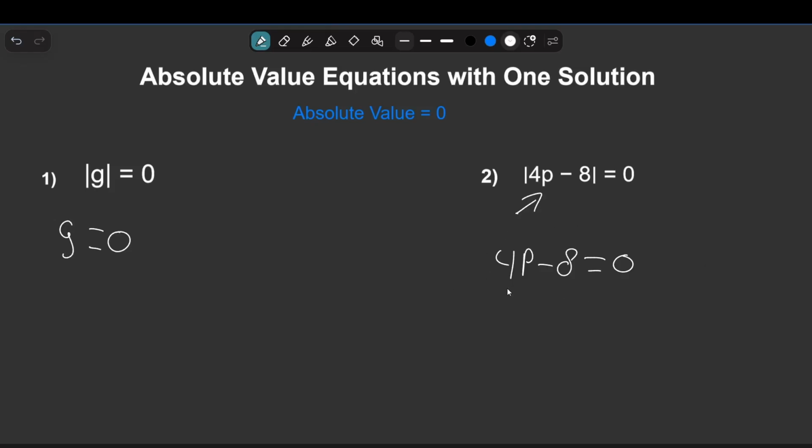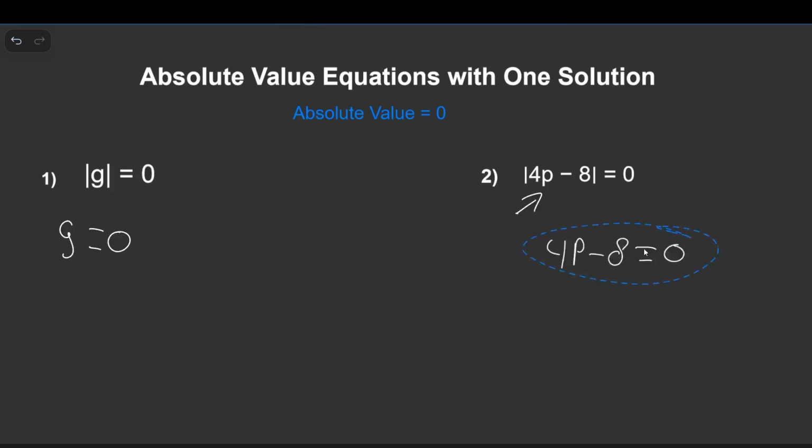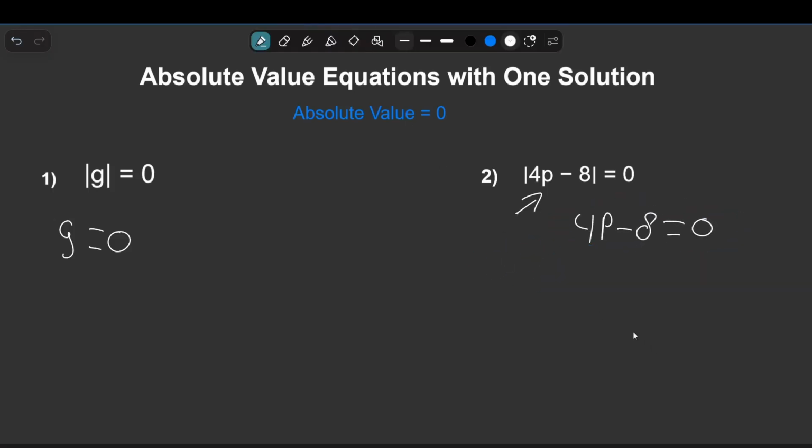Now, to solve this, we're going to first isolate our variable. We do this by doing a couple of steps. I've made a couple of videos on how to isolate the variable and how to solve algebraic equations, one-step equations. So you can check that video if you don't understand that yet, and then you can just come back.